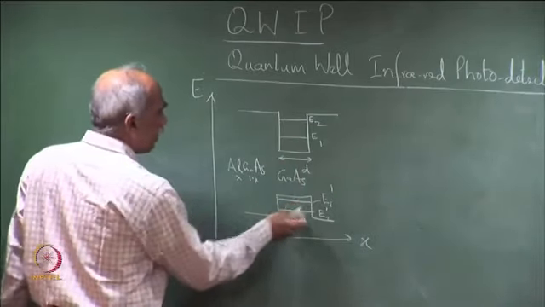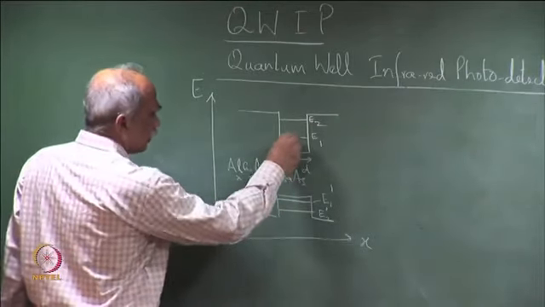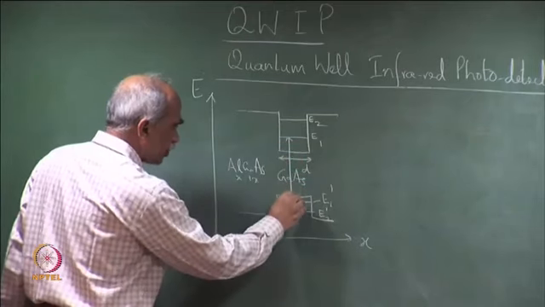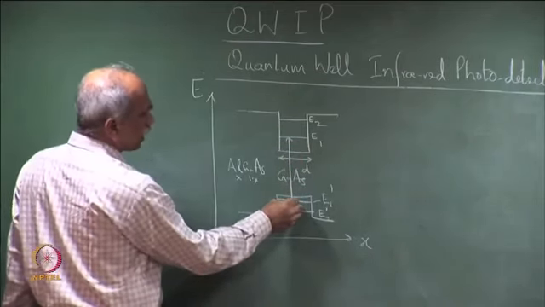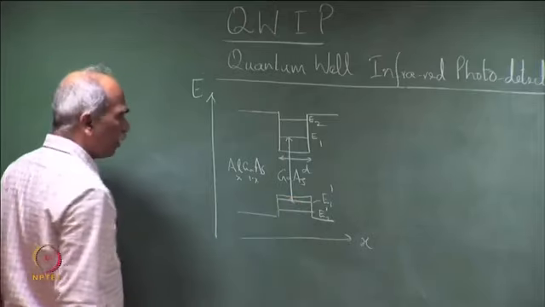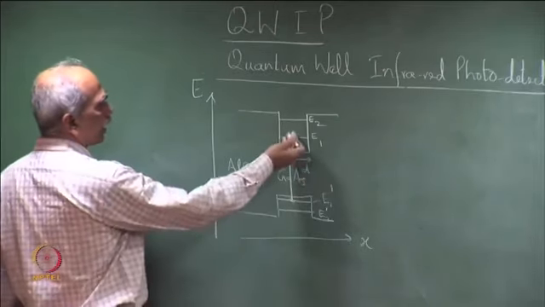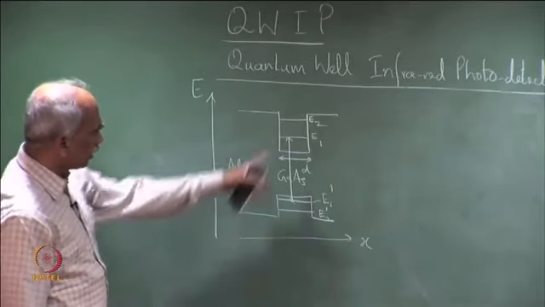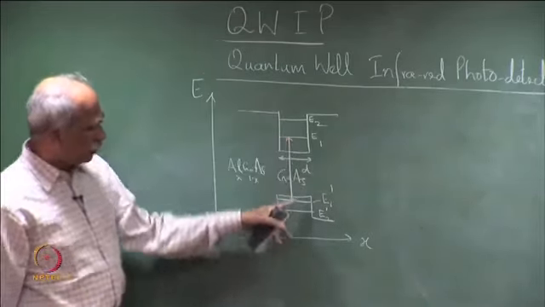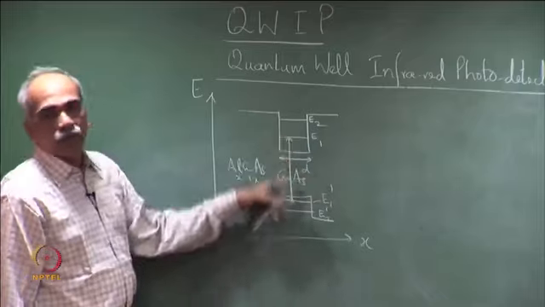The interband transitions take place from here to here, that is, to the lowest allowed energy level here. So, an electron from here can make a transition to the conduction band, to E1, and create a hole and an electron in the process.